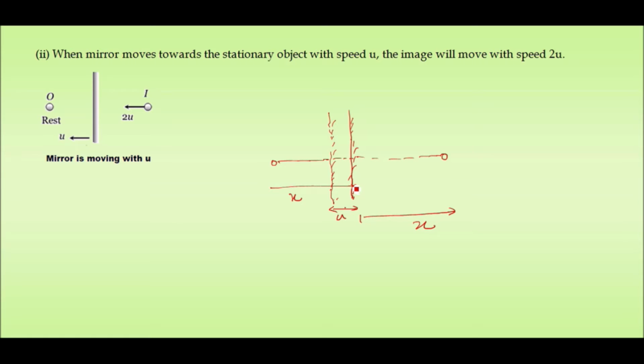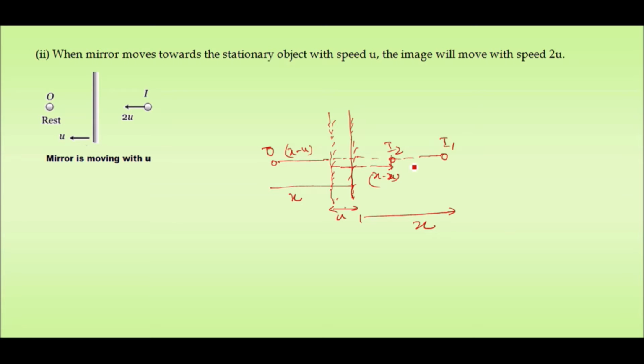Now the new object distance is equal to x minus u, so the new image distance will be equal to x minus u. So this is the new image. I call the images I1 and I2, and this is O.